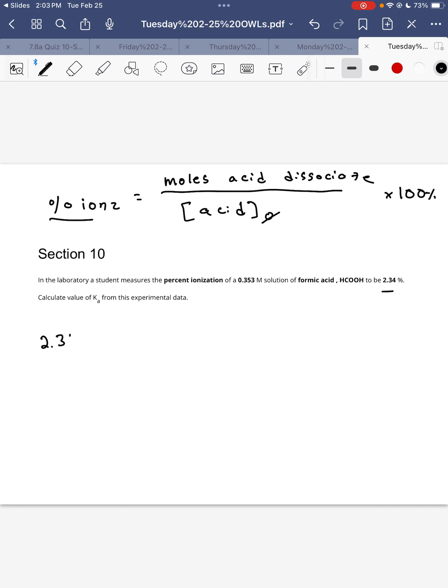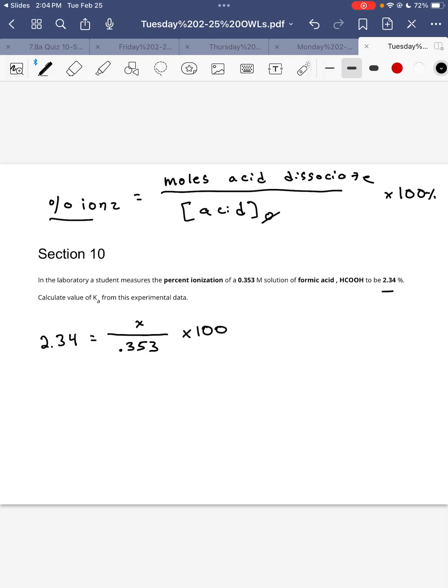So 2.34 is going to be equal to our moles of acid that dissociated, which is kind of what I'm trying to figure out, that X concentration, over my initial concentration of acid, which is 0.353, times 100.